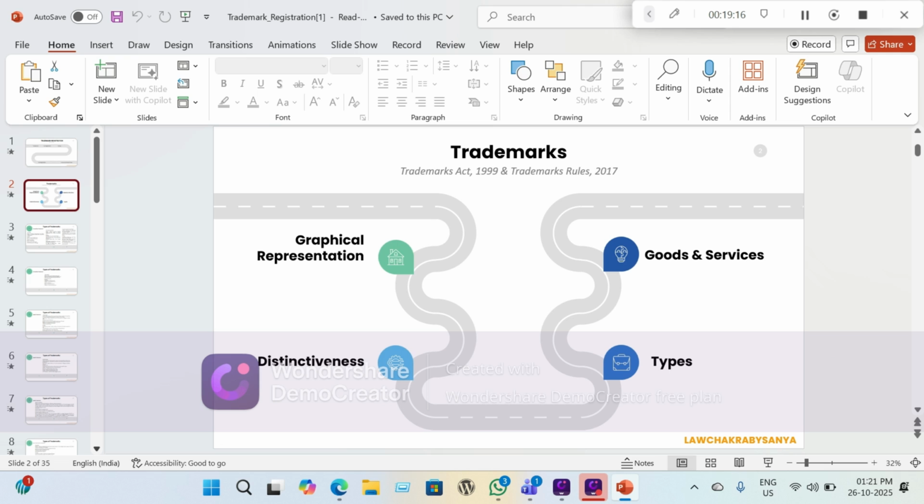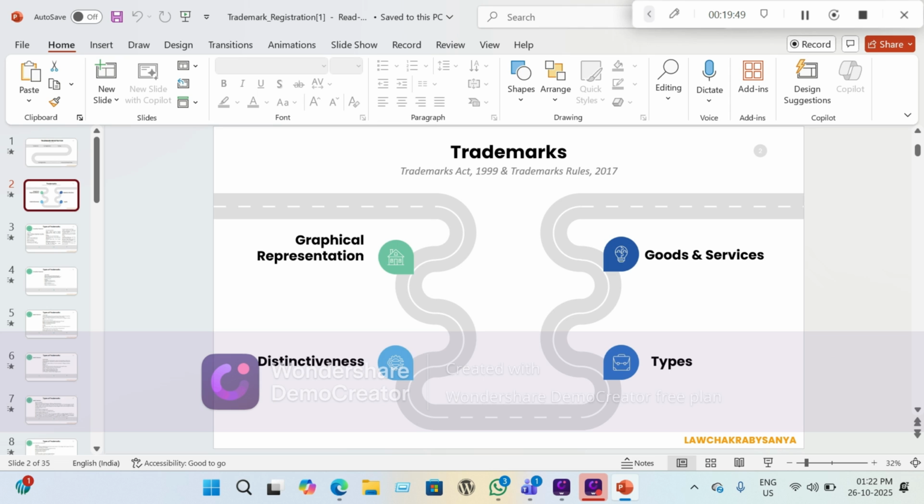You can find them by a random Google search, or on ipindia.gov.in, or even at the website of WIPO, the World Intellectual Property Organization. Classes 1 to 34 are the classes for goods, and classes 35 to 45 are the classes for services.